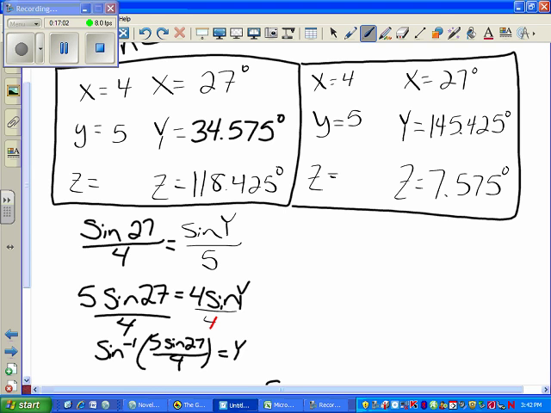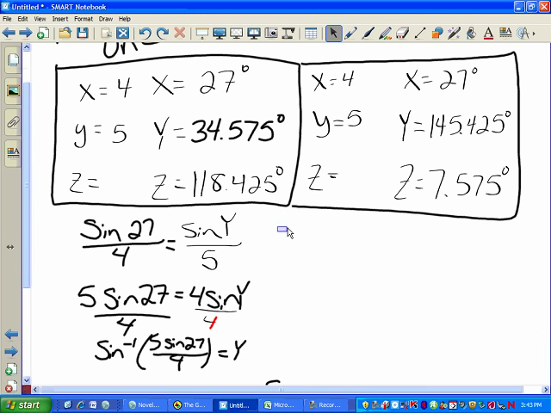Okay, I bet you can find side Z all by yourself. Go for it. Okay, so it'd be sine of, we got to use something we know, 27 over 4 equals sine of 118, especially if that's already in your calculator.